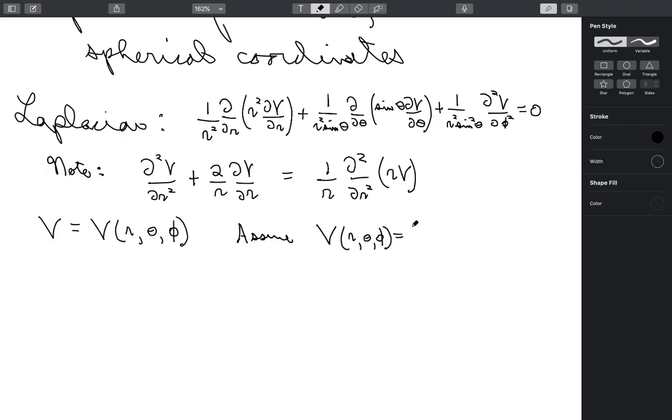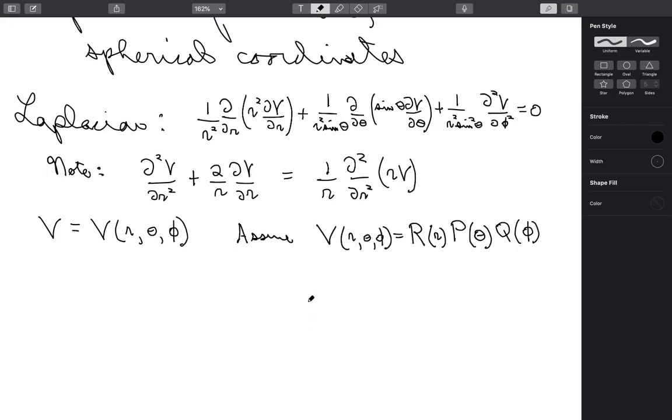I'm going to use a function R for the radial part, another function P of theta for the angular part, and another function Q for the phi angle dependence.